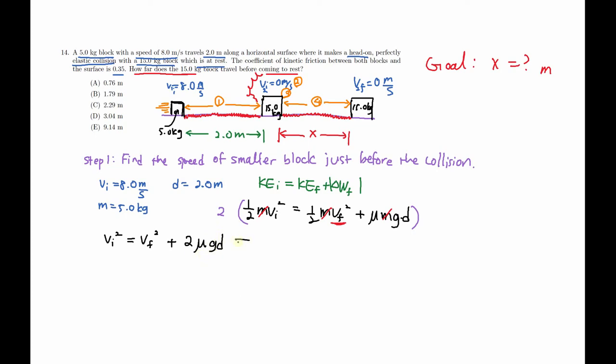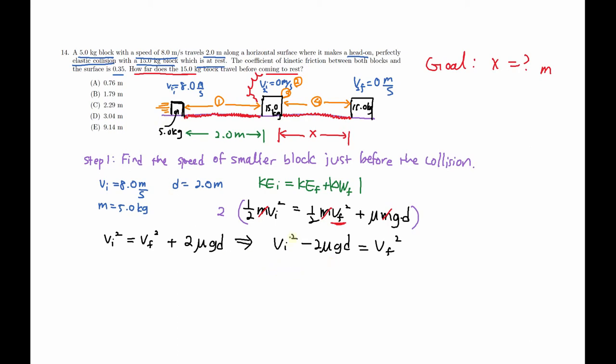Now I can move the 2 mu g d onto the left side, so v initial squared minus 2 mu g d equals v final squared. And now I can just plug it in.